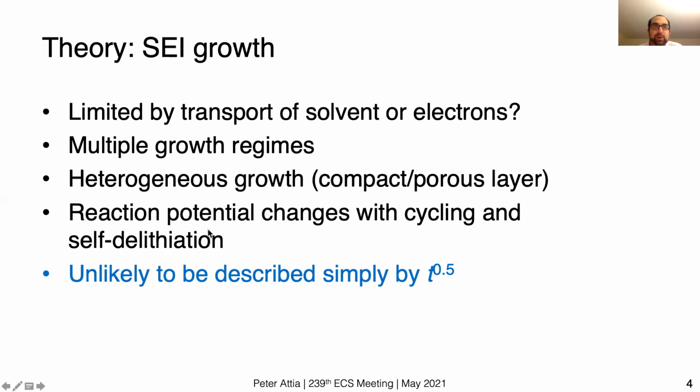An important point that I'll spend more time talking about in the next slide is that unlike in the silicon dioxide case, the reaction potential, which is the driving force for that reaction, that potential is changing dynamically with cycling and with storage or self-delithiation. I'll come back to that point in the next slide. So given all the complications, it is unlikely that SEI growth will be described simply by the 2 to the 1/2 model.